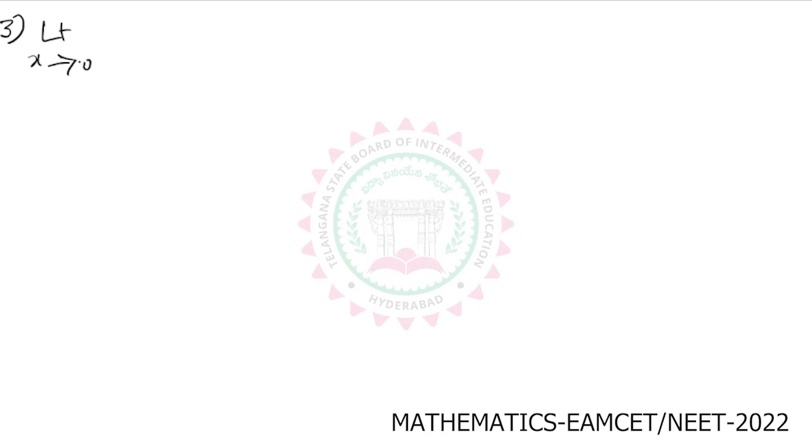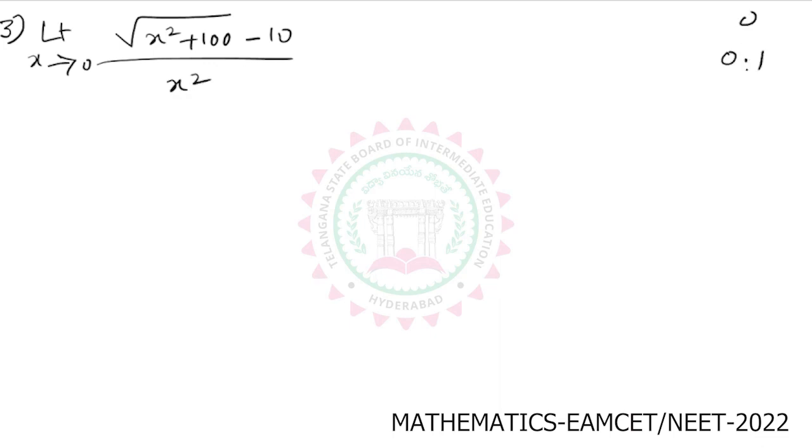X tending to 0, square root of x square plus 100 minus 10 whole divided by x square. The options are 0, 0.1, minus 0.05, 0.05.